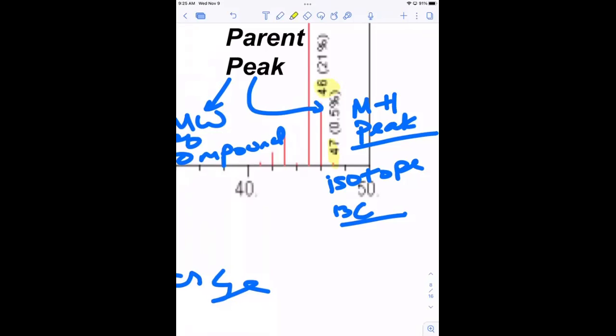If the parent was 100, the M + 1 would be 101. If the parent was 50, the M + 1 peak would be 51. But if you notice, it's a very tiny peak, and that's because of the natural abundance of that isotope. It's not very high. So that's why the intensity on the M + 1 peak is really low, but it is there.